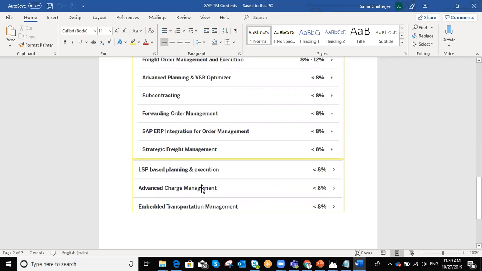Next is the advanced charge management. Advanced charge management involves specific calculation of charges based on rebates and discounts, pricing conditions, or specific promotion conditions applicable for a particular customer, transportation zone, or country. Let us suppose that in Canada we have transportation zone Z1.